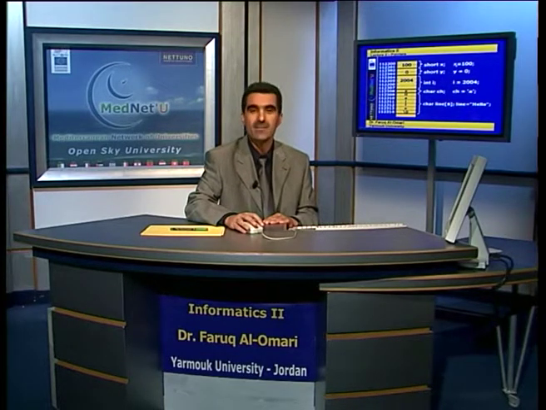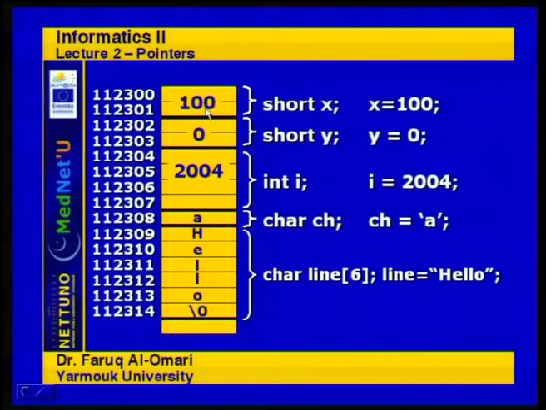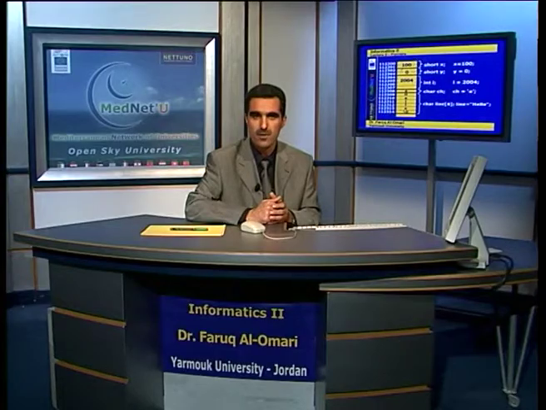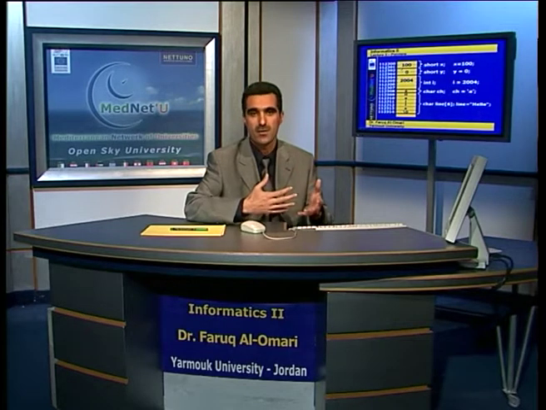And where that value is stored, actually it's in the memory at these two consecutive locations. So address 112300, 112301 actually contains my data, the 100. Now, how this 100 is physically stored in these two locations depends upon the architecture of the computer system, and this is different from one system to another.